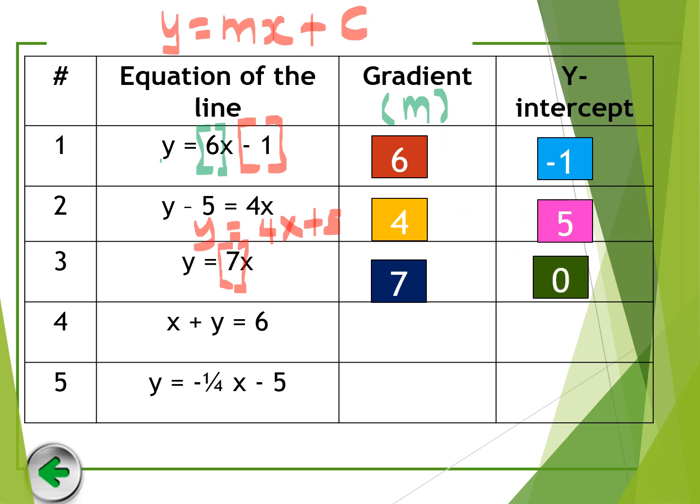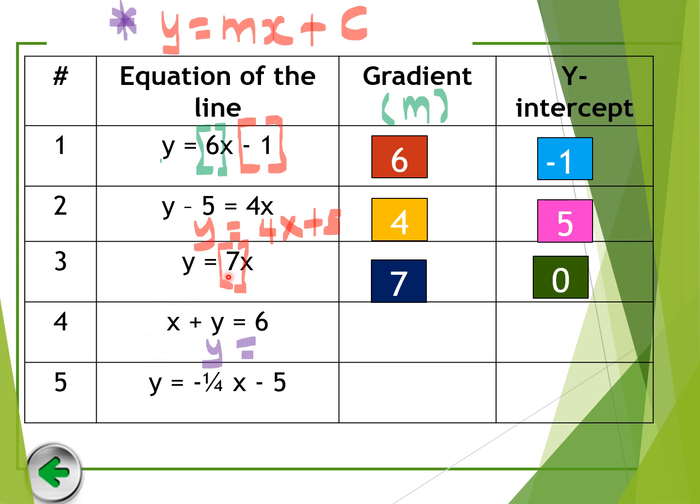Number 4, x plus y equals 6. So let's rearrange again. Remember, equation of a line, y equals mx plus c. So we're going to leave the y here equals, I'm going to move this x. So this x here is positive.